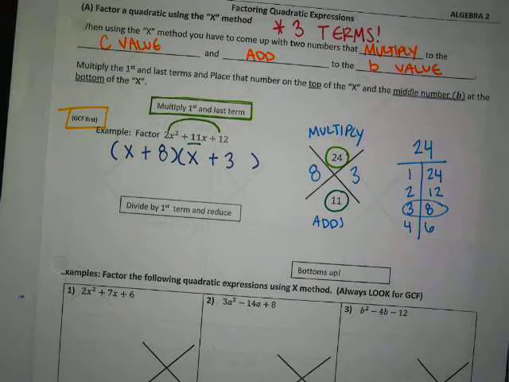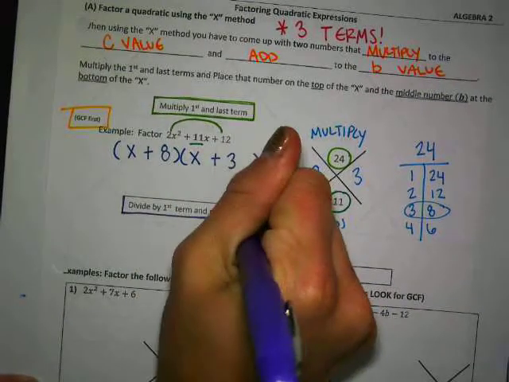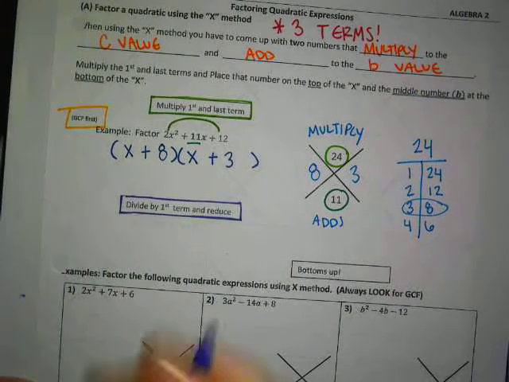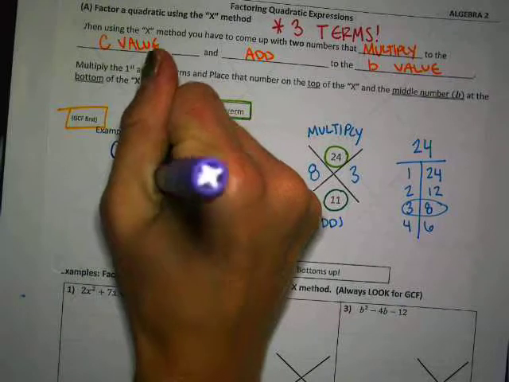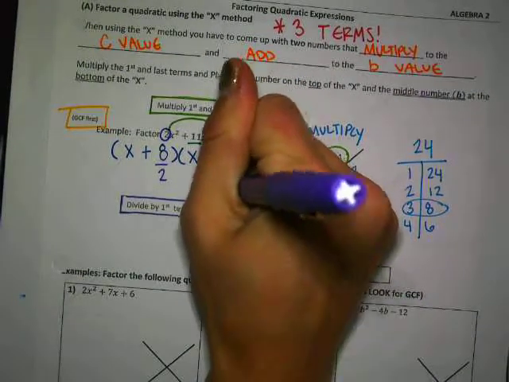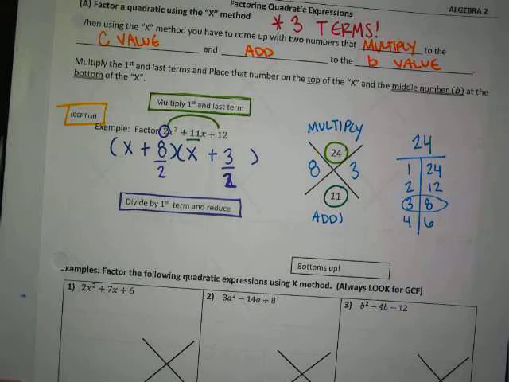All right, almost done. You have to divide by the first term and reduce. So the first term here is a 2. That very first number we're going to go back and divide by. So we're going to do 8 divided by 2 and 3 divided by 2, and we are going to reduce it.